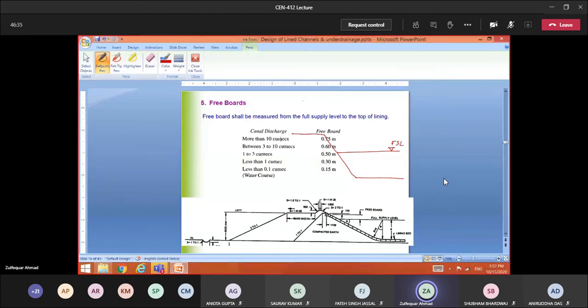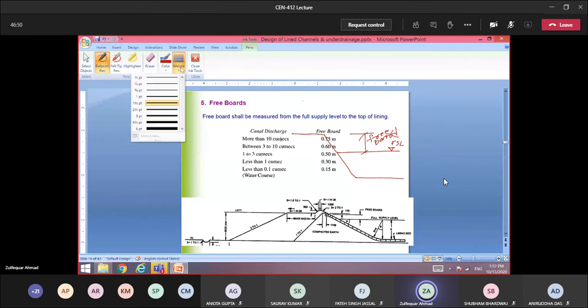Now in the case of the unlined canal, we are saying this one as a freeboard. Right? That is what we discussed. This is the freeboard in the case of the unlined canal, right?